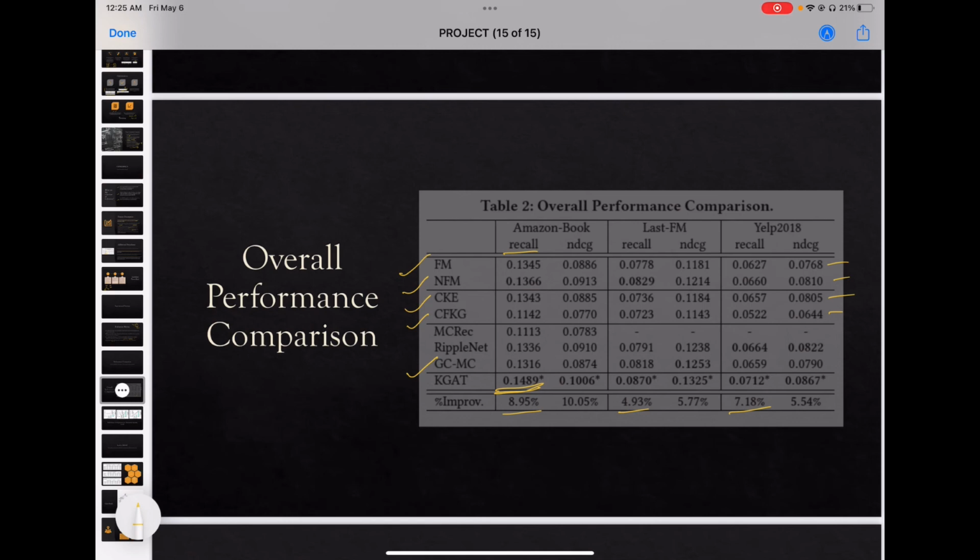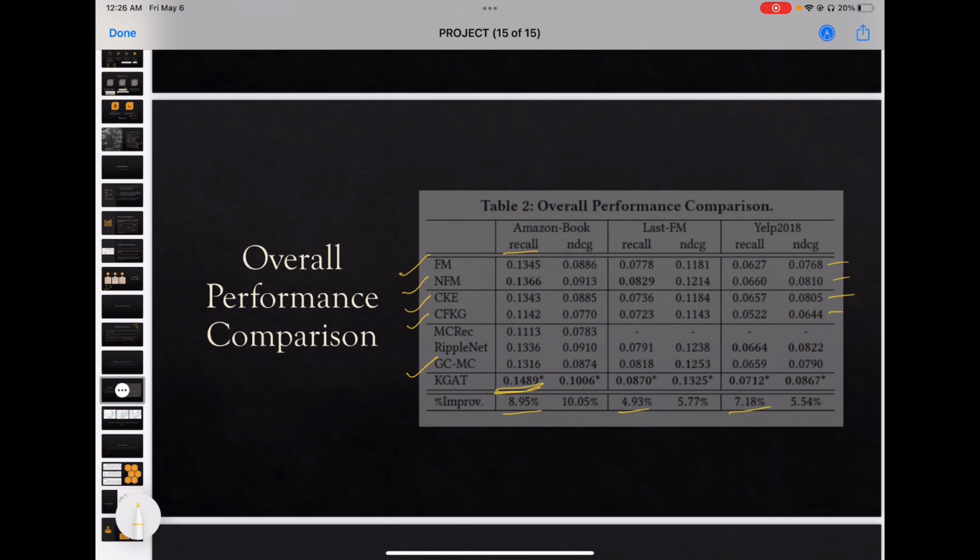Also, the cross features in FM and NFM actually serve as the second order connectivity between users and entities, whereas CFKG and CKE model connectivity on the granularity of triplets, leaving high order connectivity untouched.